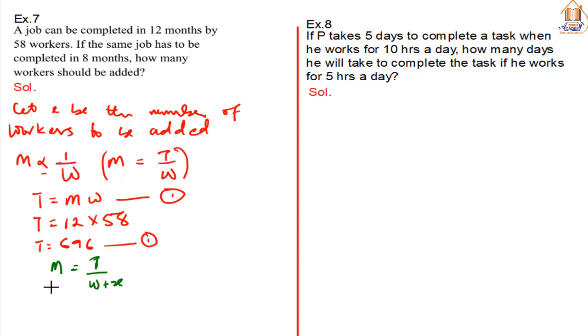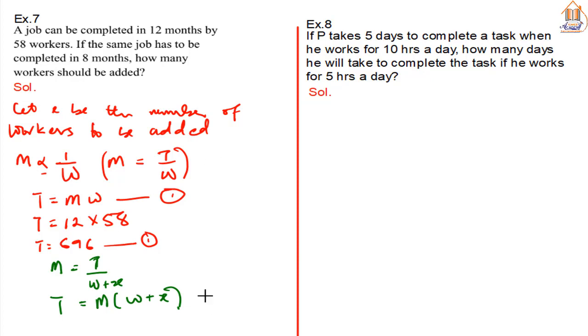Now, what I'm going to do is make T the subject of the formula. So we have T equal to M open bracket W plus X, where X is the number of workers to be added.